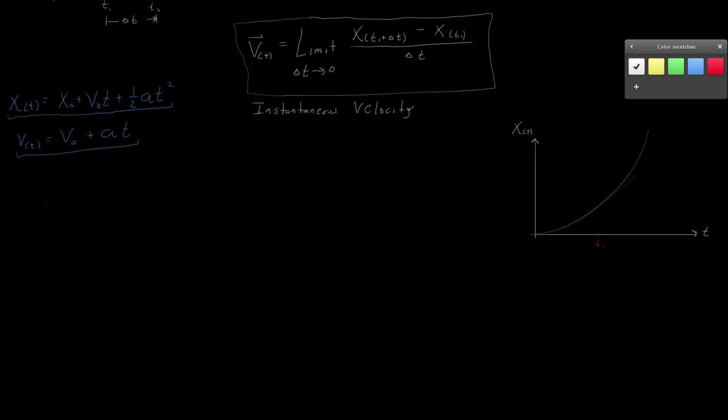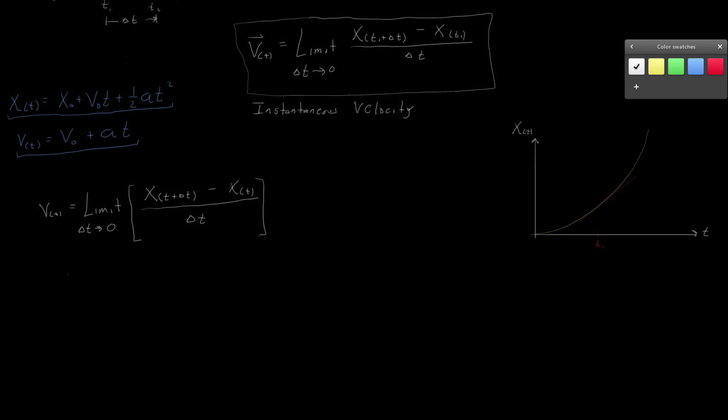Right. So let's write it out. The instantaneous velocity is equal to the limit as the time interval between t1 and t2 approaches 0 for the slope of the secant line between the position at t plus a little bit more time, which would be t2, minus the position at t, all divided by change in time.